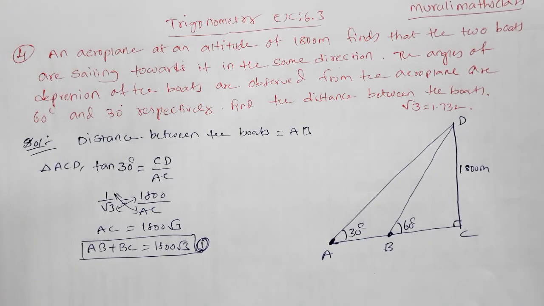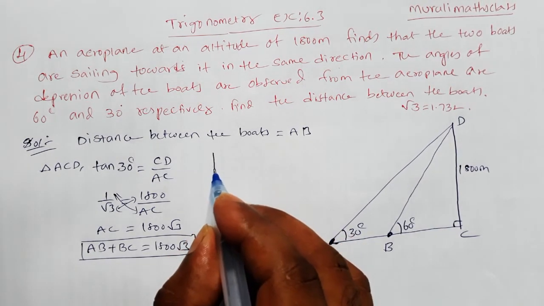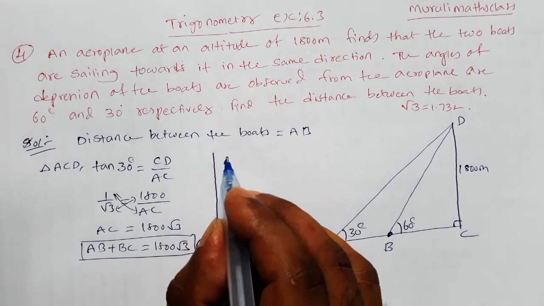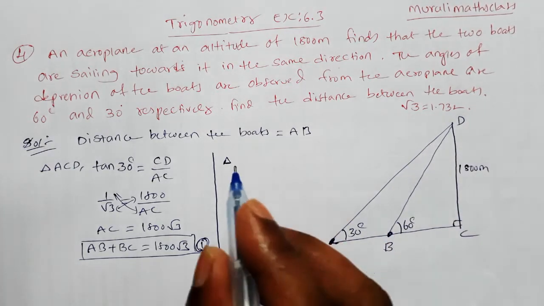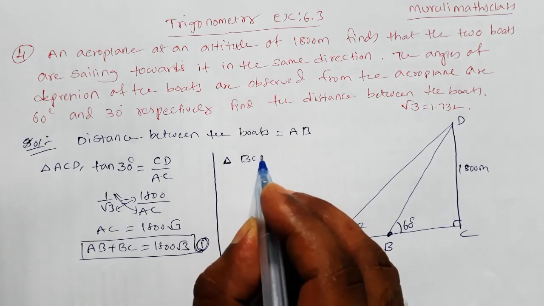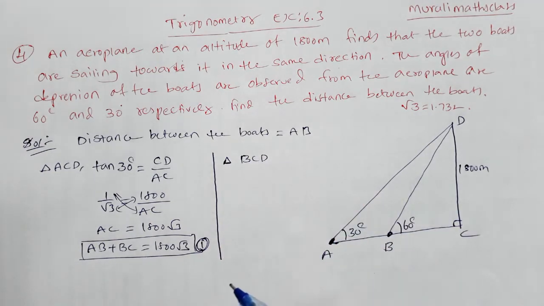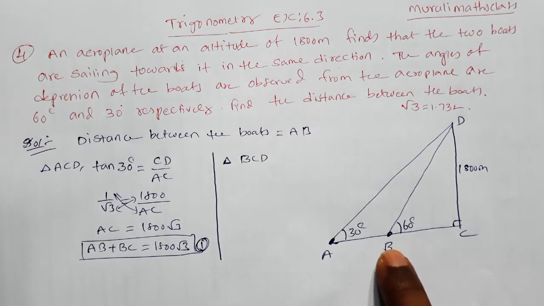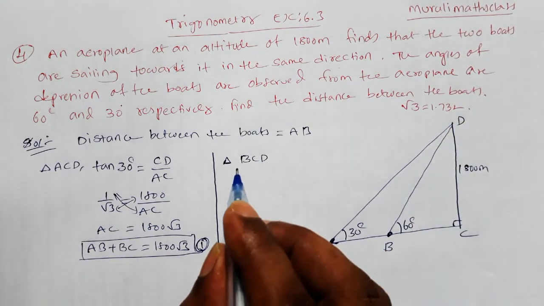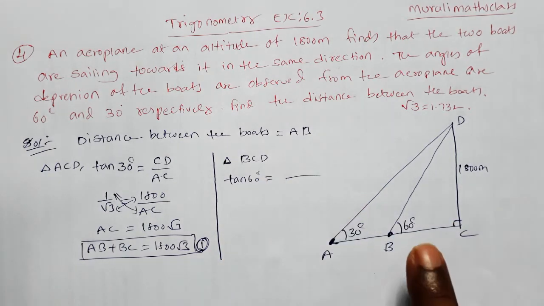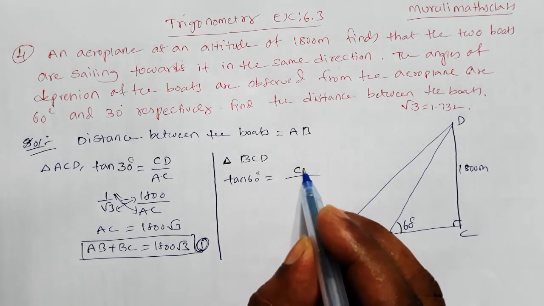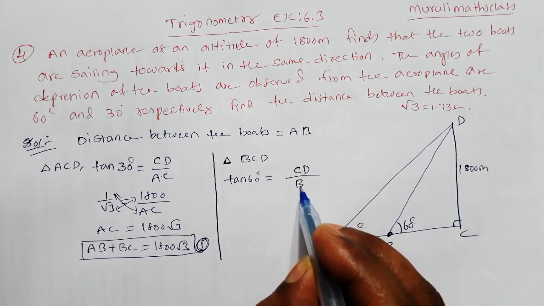Now we have one more triangle, that also we will take. What triangle can you take? BCD. If I take triangle BCD, which angle do we apply? 60 degrees. Tan 60 equals opposite CD by adjacent BC.